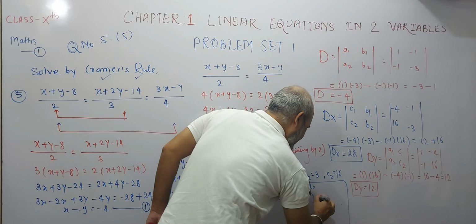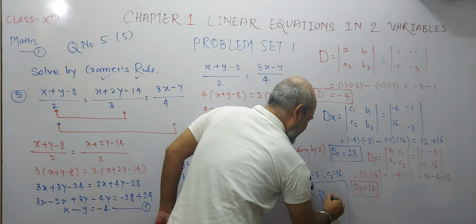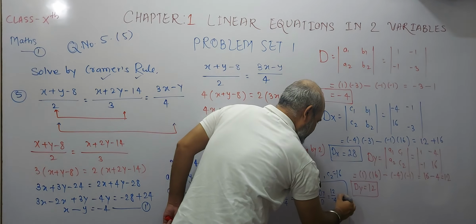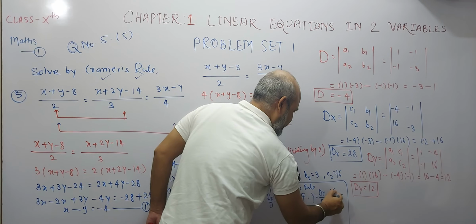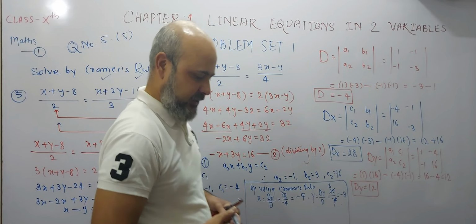And we'll find the value of y, that is dy upon d, where dy is 12 and d is minus 4. You will divide, and you get 4 1s are 4 and 4 3s are 12. So value of y is minus 3.